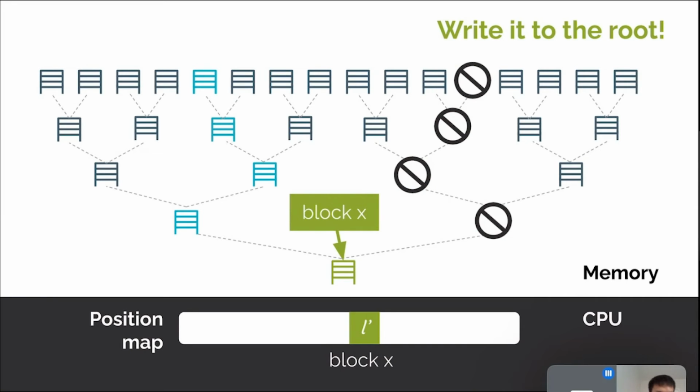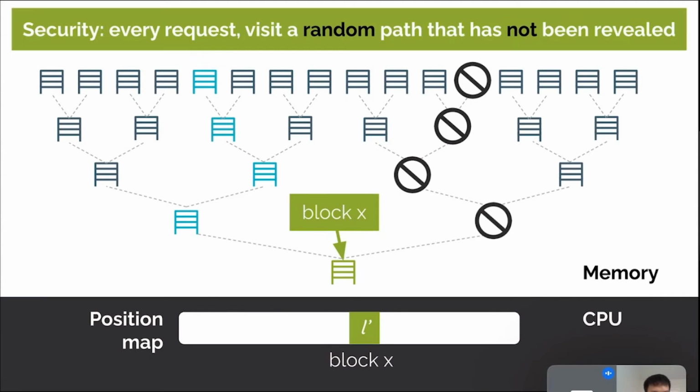At this moment, obviously you are going to complain because we cannot keep adding things to the root. The root will soon overflow. But let's set this aside. At this moment, it's good to think about the security of the scheme.